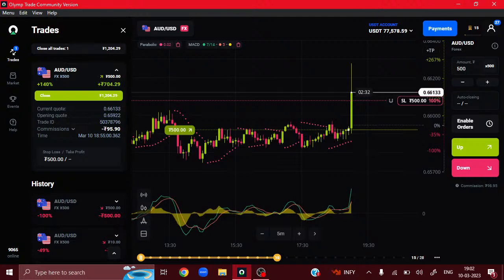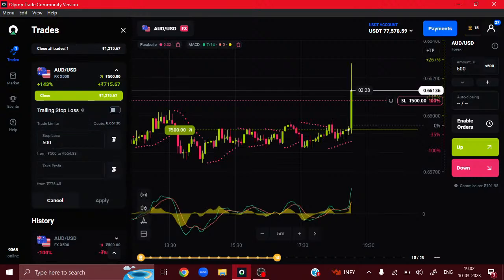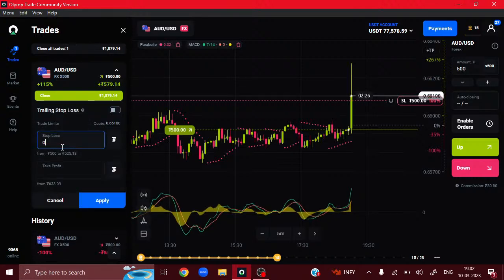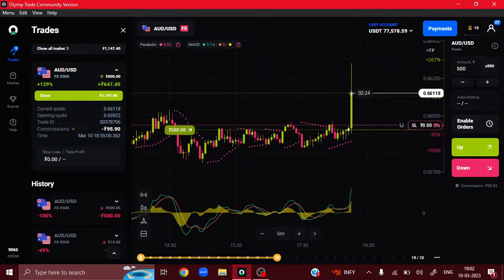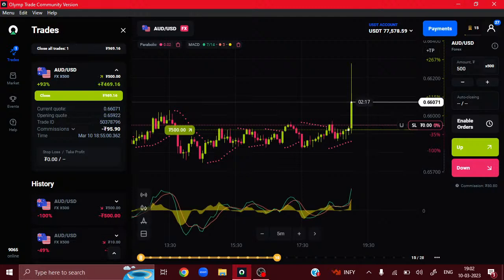And if you are willing to take more risk, do not apply the stop loss at 100%. You can go with 0 also. It all depends upon your risk appetite, guys.